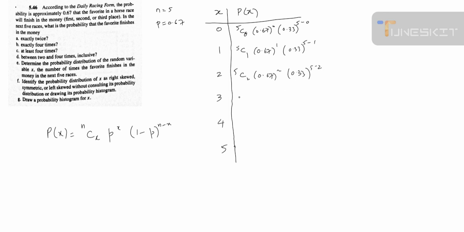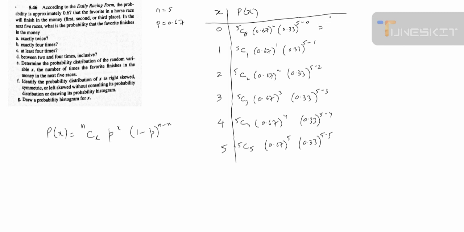Then this is 5C3, 0.67 to the power 3, 0.33 to the power 5 minus 3. Then 5C4, 0.67 to the power 4 and 0.33 to the power 5 minus 4. And then 5C5, 0.67 to the power 5, 0.33 to the power 5 minus 5.